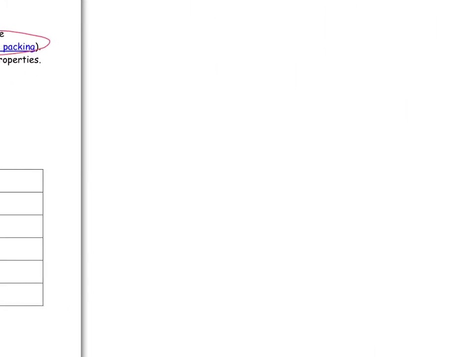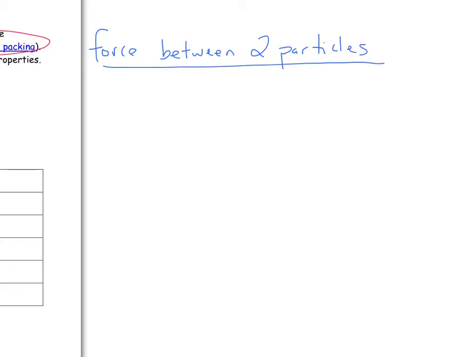So remember from our last lesson, if we're talking about the force between 2 particles, the stronger it is means we'll have a higher melting point and it will be harder.